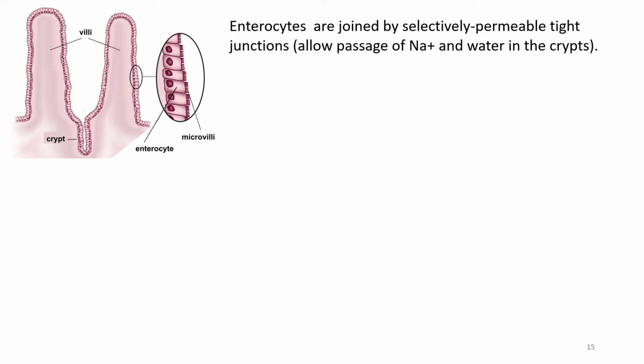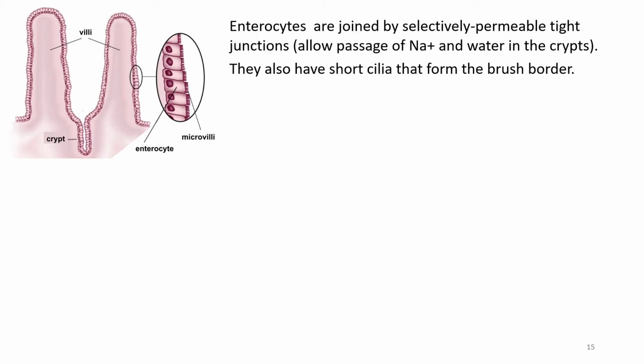And this is one of those examples. The ones particularly in the crypts are semi-permeable, the tight junctions, to sodium and water. And this is what I was saying about fluid regulation in the lumen. This is all part of that. So the tight junctions do allow some things through.